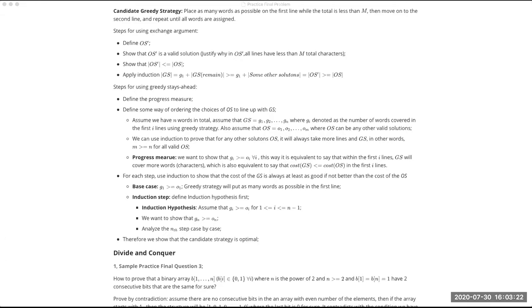But for the induction step, you need to consider, for example, for the nth line, if for G(n), it still covers more points than using other strategies. For the base case, you are providing a concrete example.